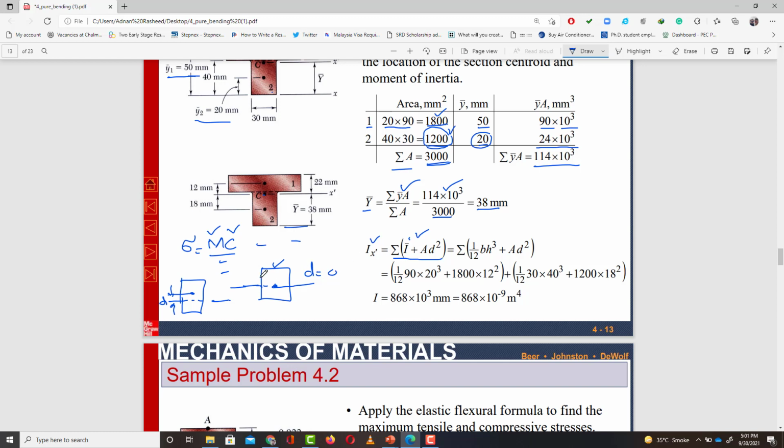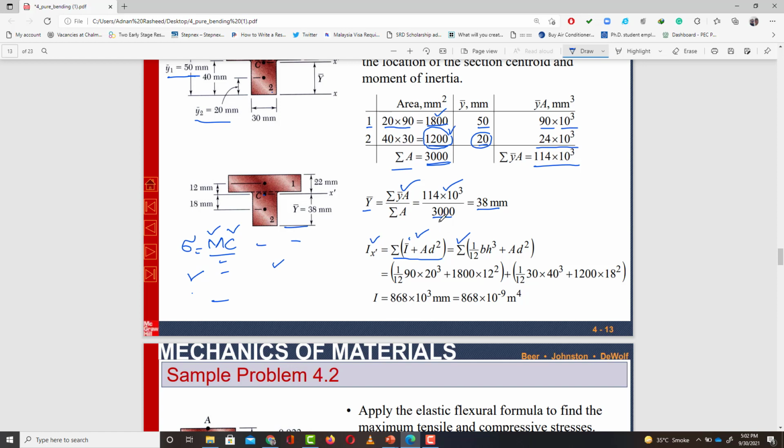So for finding the moment of inertia in such a case, you will use this formula, I dash plus A into d square. So let's solve this. Again, the moment of inertia is equal to, for a rectangular shape, this first part is rectangular and the second portion is also rectangular. So we have the sum of these.